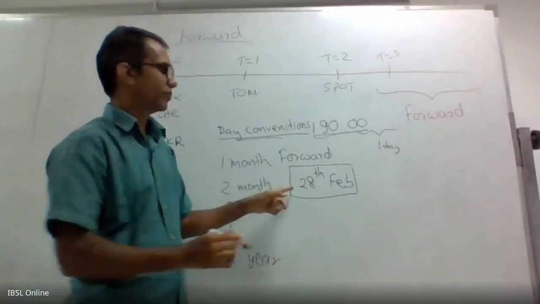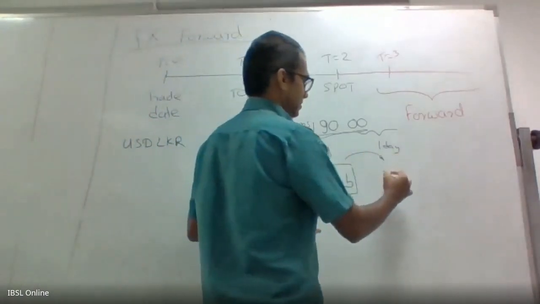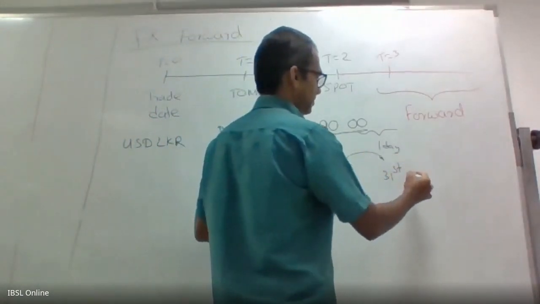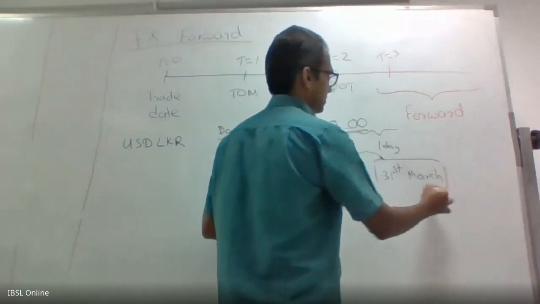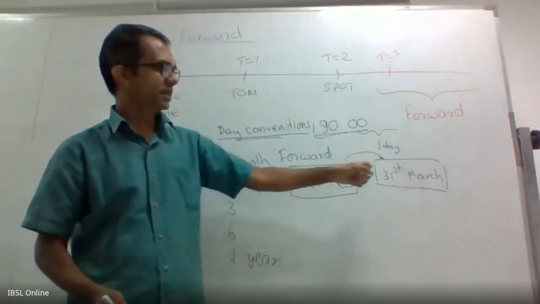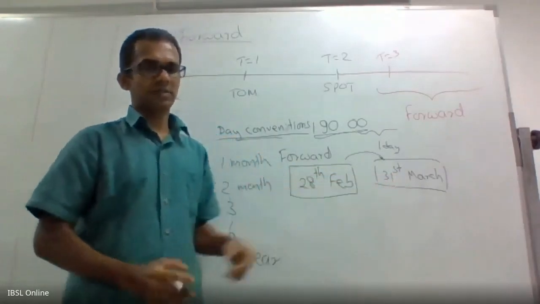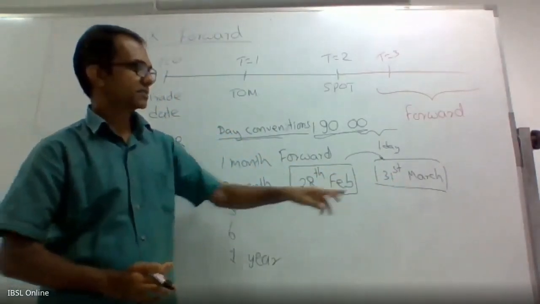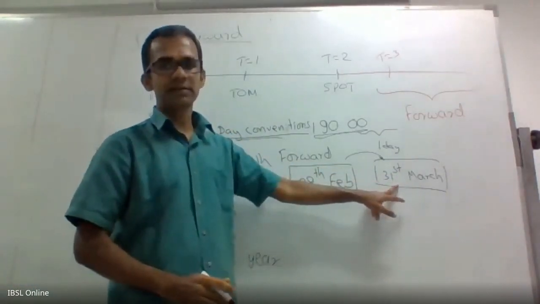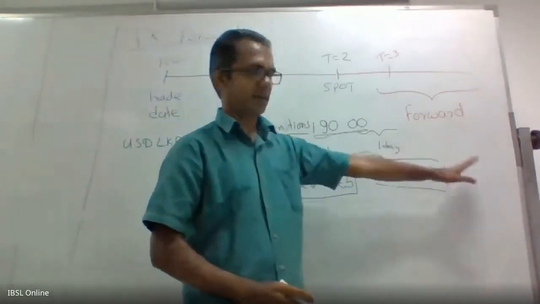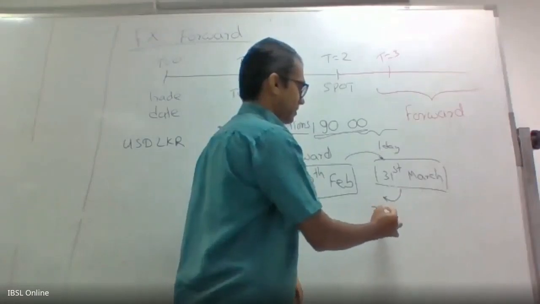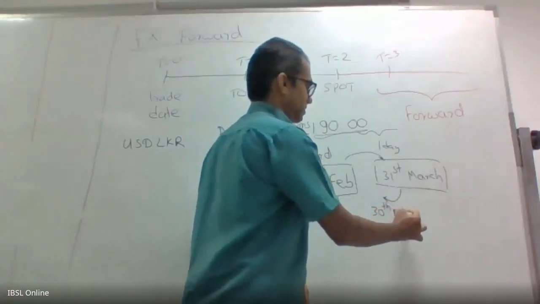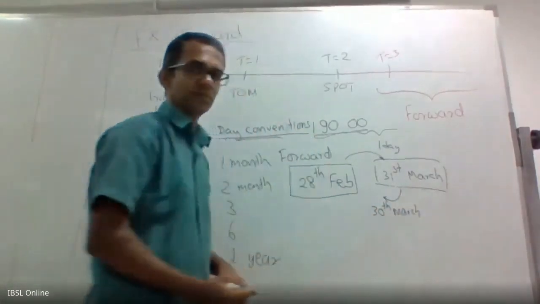Then 1 month forward would mature on 31st March, the last business day of the next month. And if 31st March is a holiday, it won't go beyond that to the next month, so come back 1 day to 30th March.